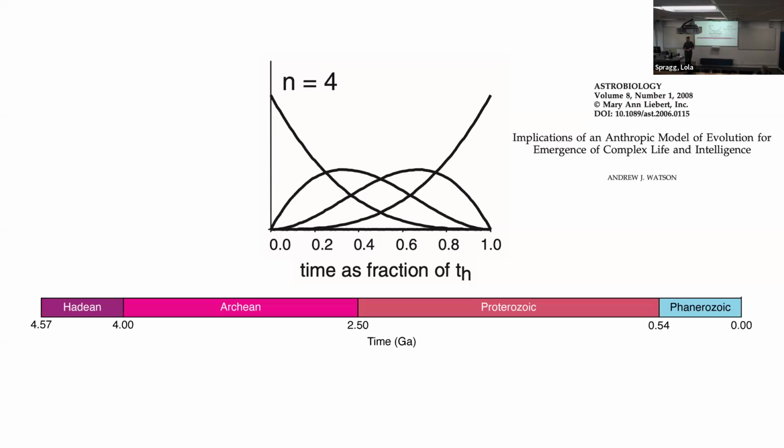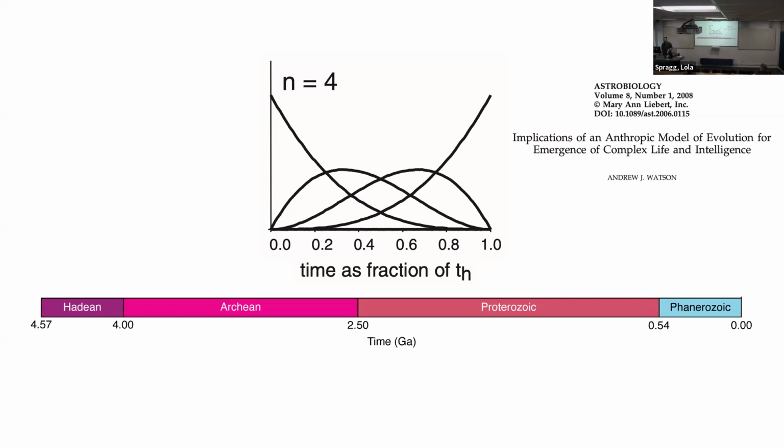So this is the other criterion. The two main criteria: obviously a hard step needs to be something required for our existence, but then it needs to have happened only once. That's the singularity, everything I just said there. And then the other criterion is that they should be evenly distributed in the rock record.